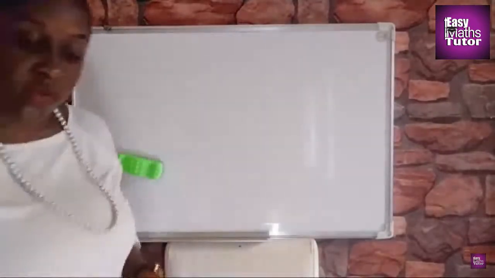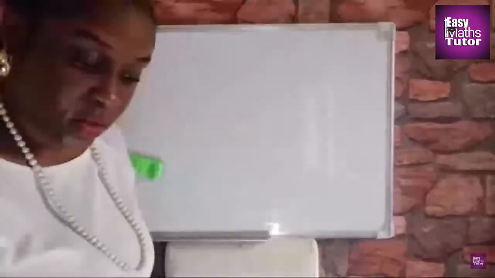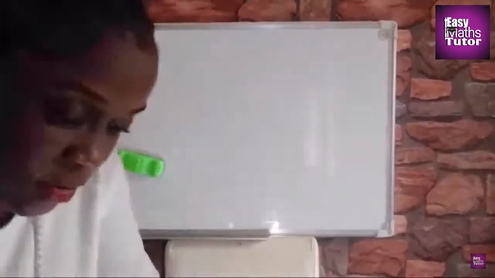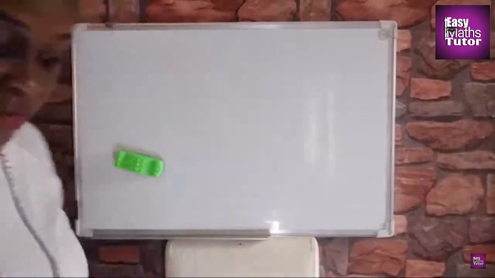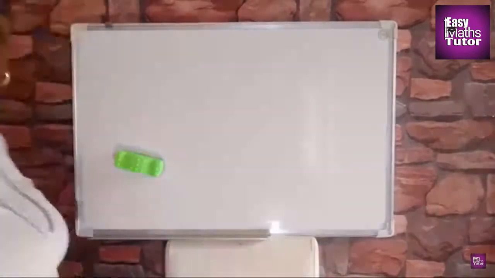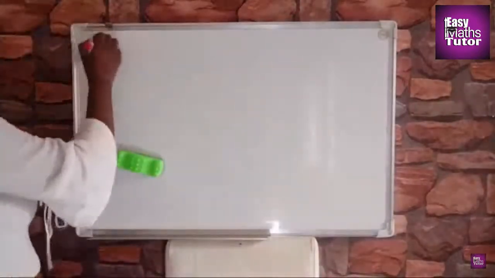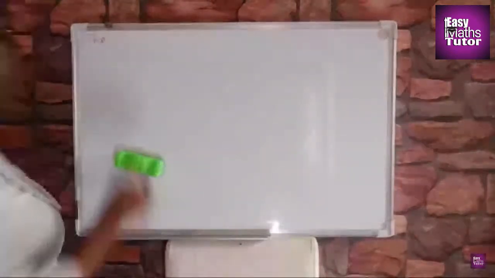So the first question, I'll read it out, see if I can write it out quickly for us. Okay. So it says the table below. You see what I'm writing?